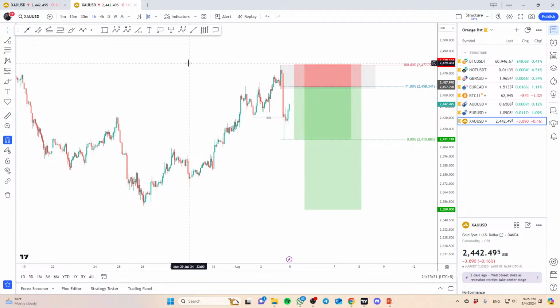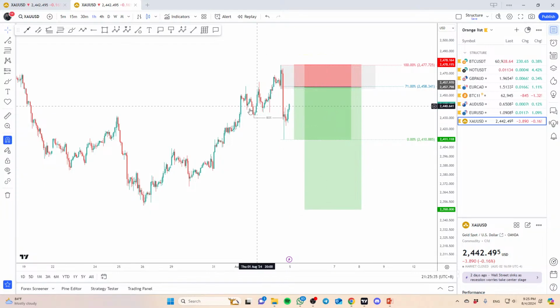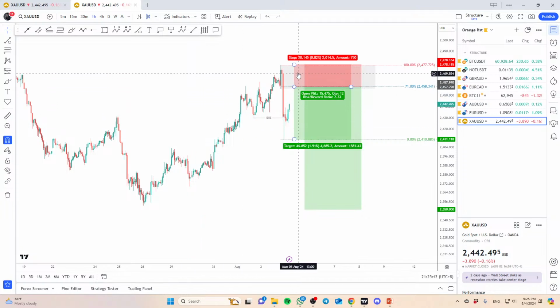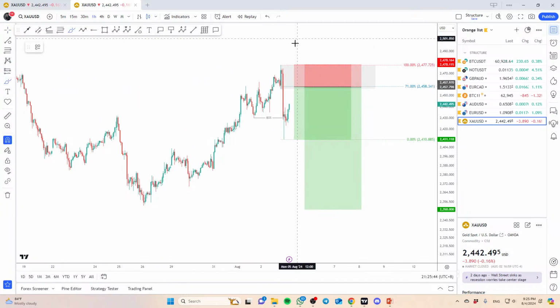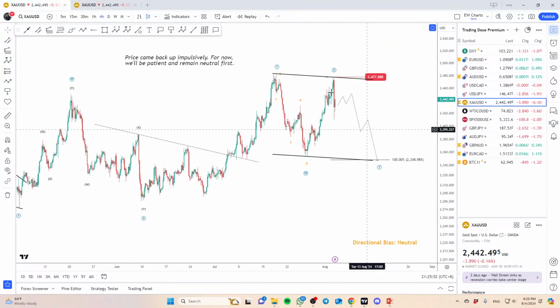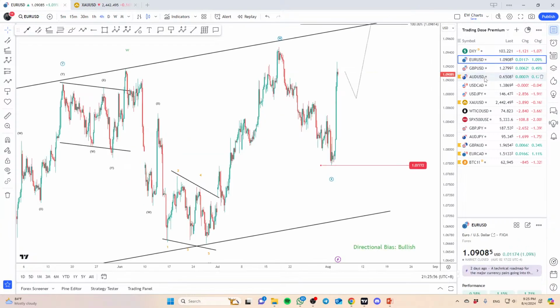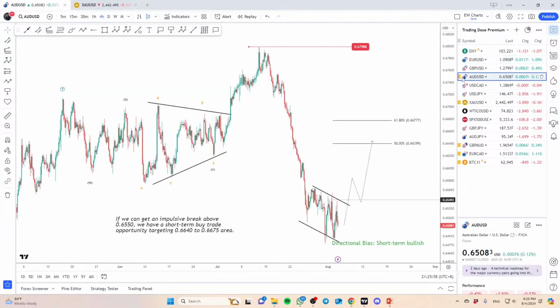Gold here is definitely one of the closest trade opportunities that you can start paying close attention to as soon as tomorrow, because if you can get a pullback here, and as long as price respects the swing high, which is where your stop loss is, there is an opportunity to get that sell side. So gold is definitely one of the key opportunities you want to pay a bit more attention to as soon as tomorrow.